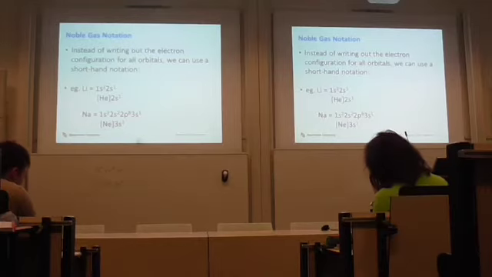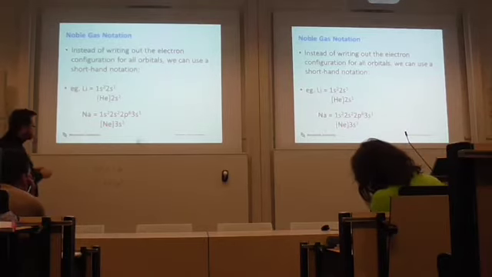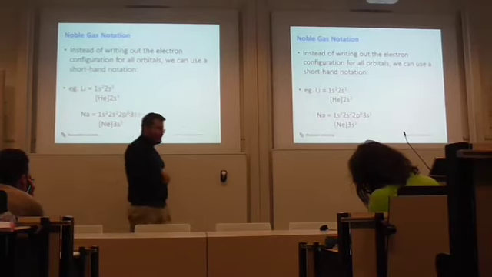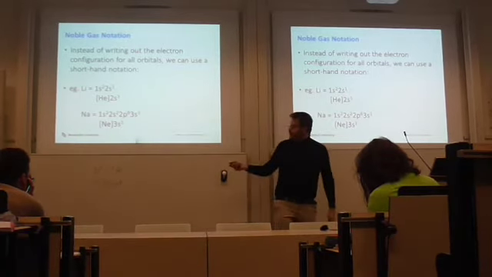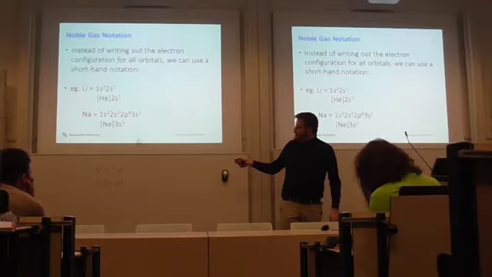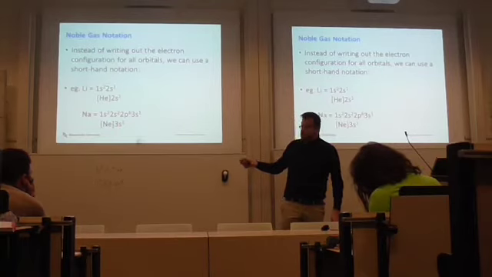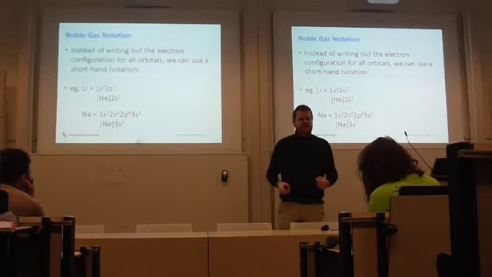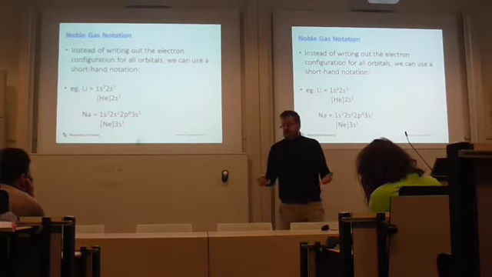Sodium is another example of noble gas notation. The electron configuration is 1s2, 2s2, 2p6, 3s1. Noble gas notation would be [Ne] 3s1, because the electron configuration of neon is 1s2, 2s2, 2p6. That's a shorthand notation you can use to save time.